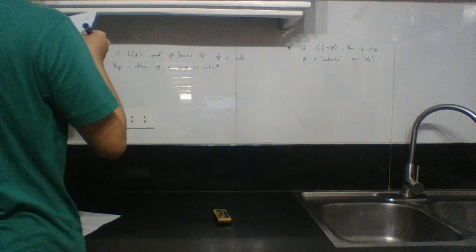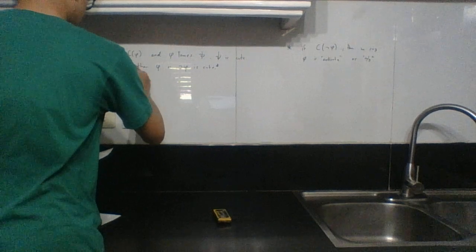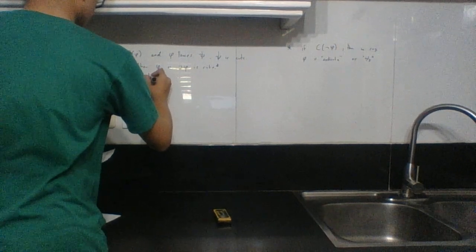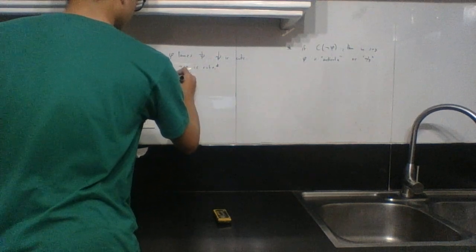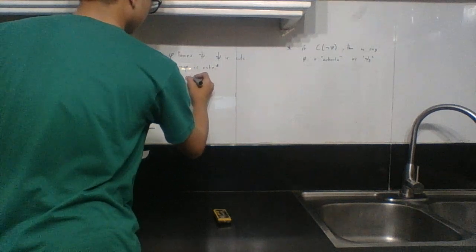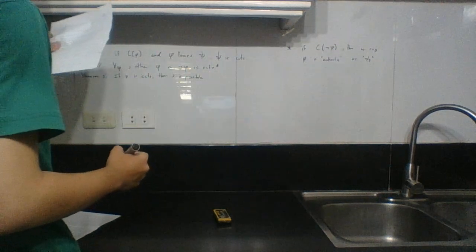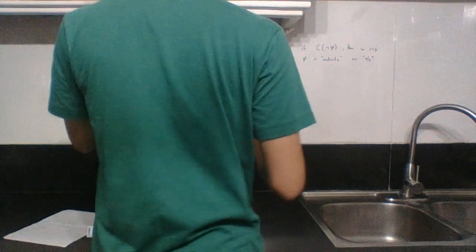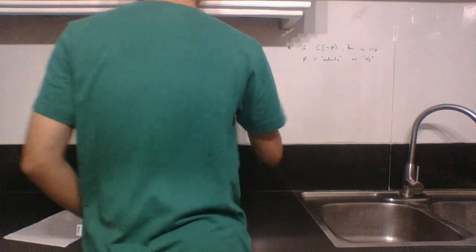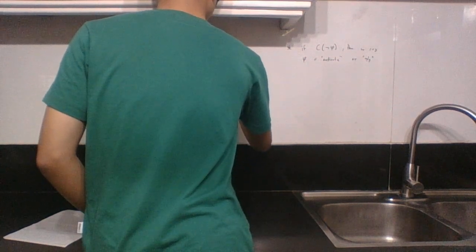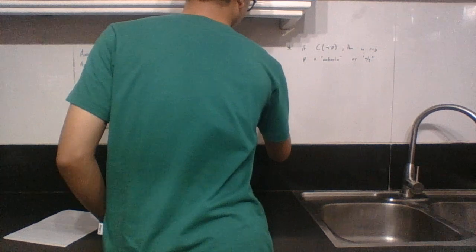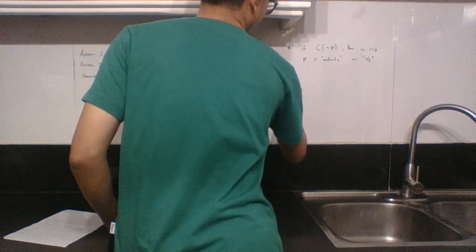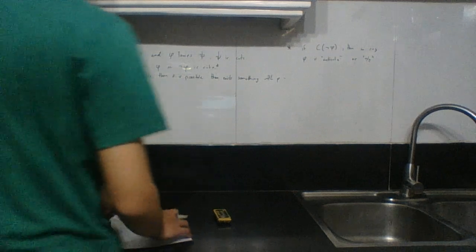So theorem 1: if a property phi is cute, then it is possible that something exists with property phi. There exists something with phi.